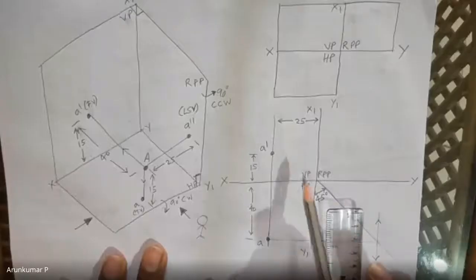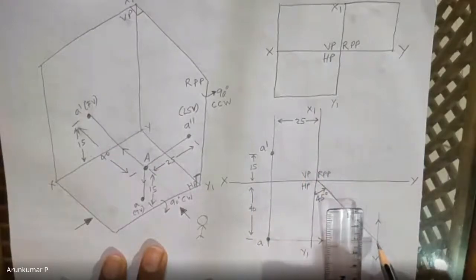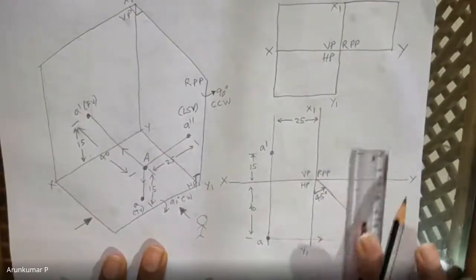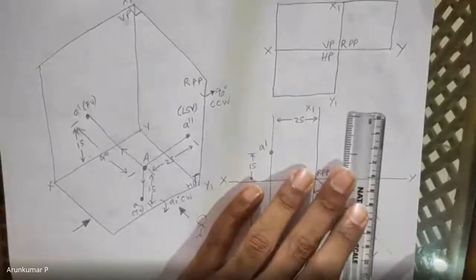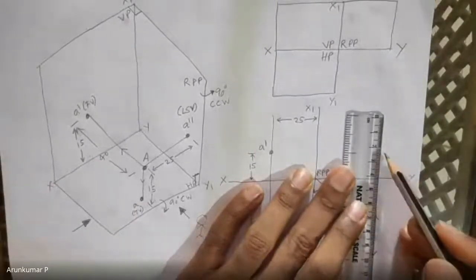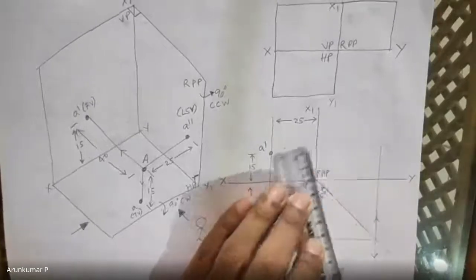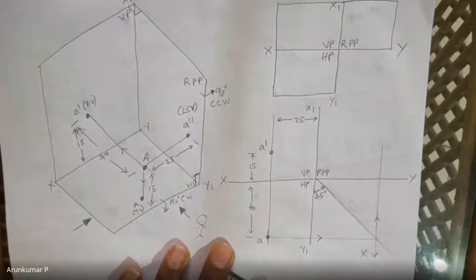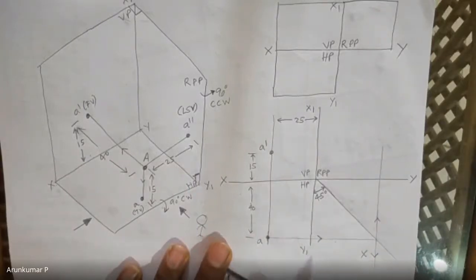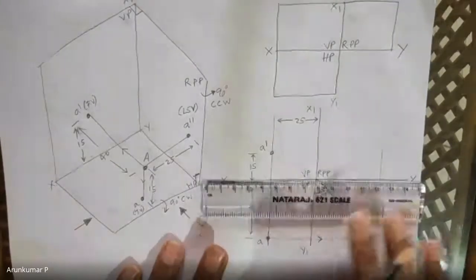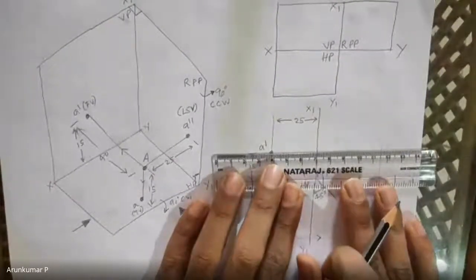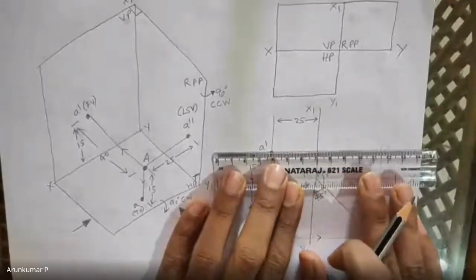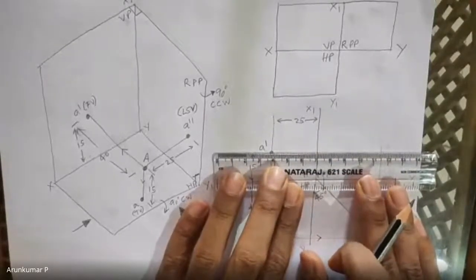So since the front view is up, you should take the projection upwards like this. Don't go for the downward direction. You should take it up and then project the front view so that it comes and intersects this projection line.